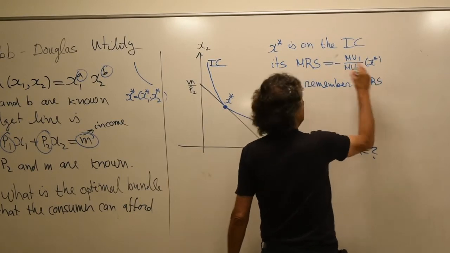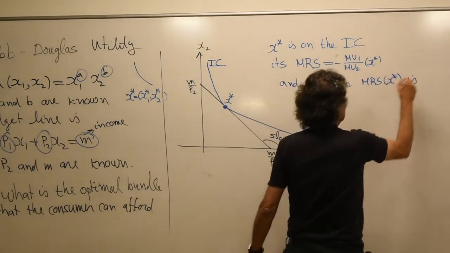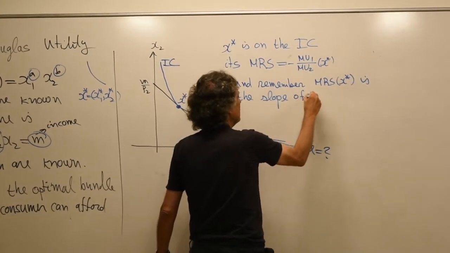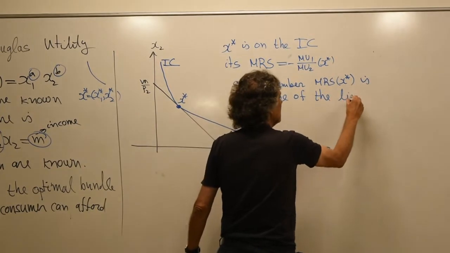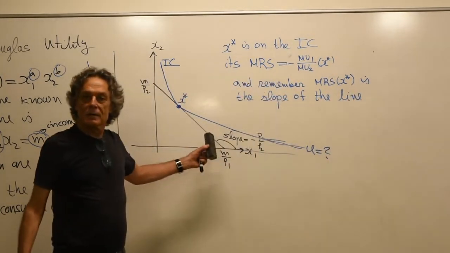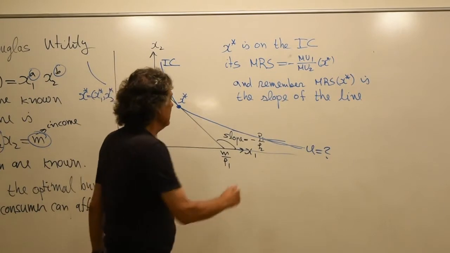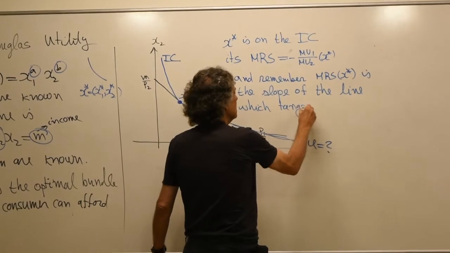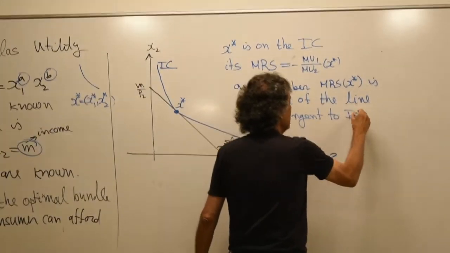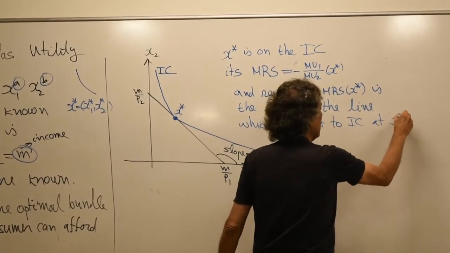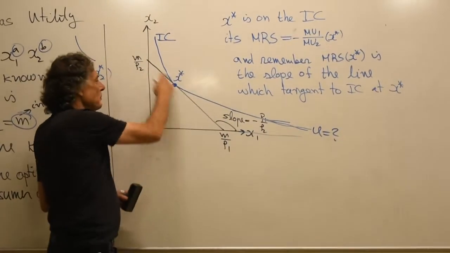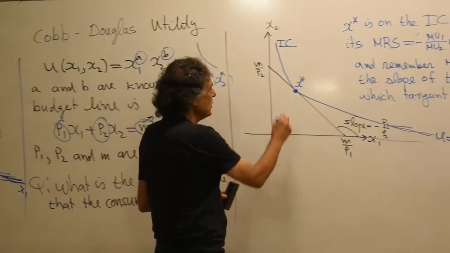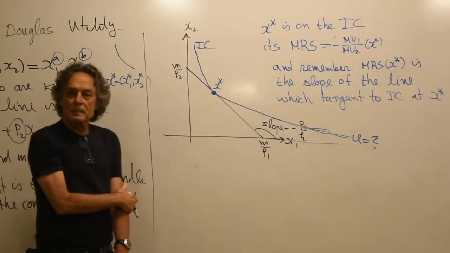Remember, MRS at x star is the slope of the line which is tangent to the IC at x star. So forget about, suppose I don't know that this is a budget line with the prices and stuff like this. I just want to find what is the MRS at x star. What is it?